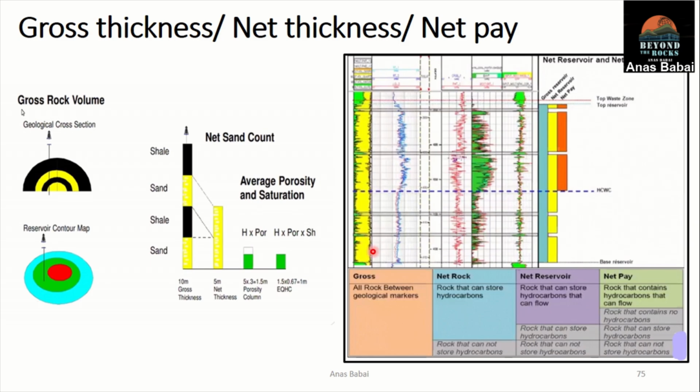So we will do the same evaluation for all intervals in order to move from the net reservoir thickness to the net pay zones. Only the zones that have specific values of porosity, shale volume and water saturation qualify. In all cases we are moving from, for example, 10 meters thickness to 5 meters of net reservoir thickness, and we can reach maybe 1 meter of pay zone, and so on.